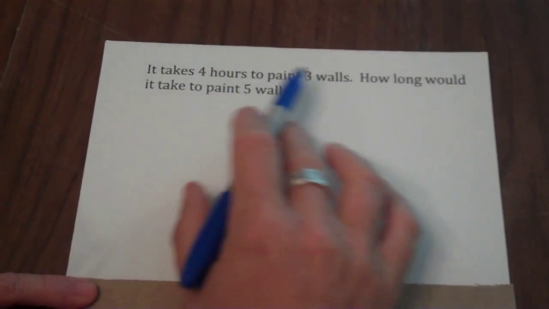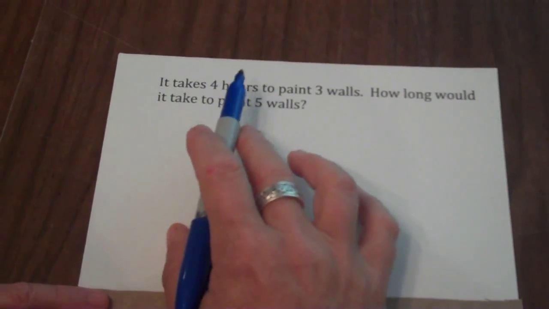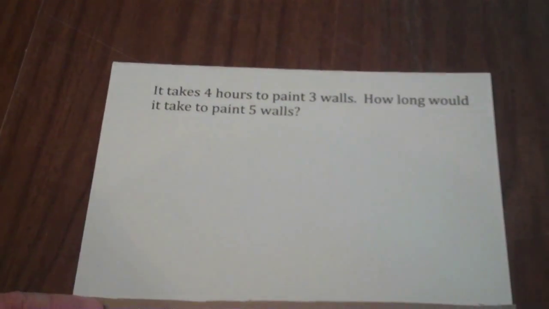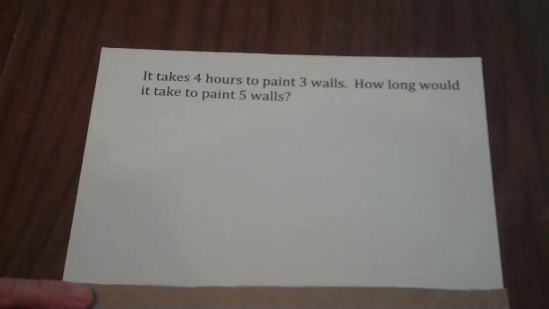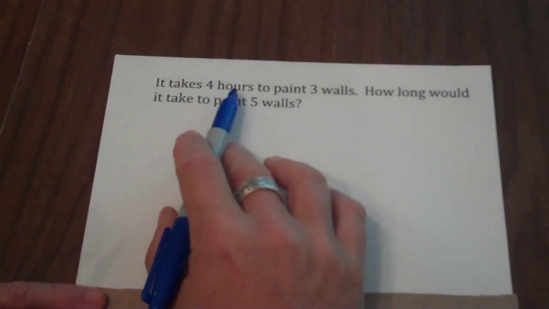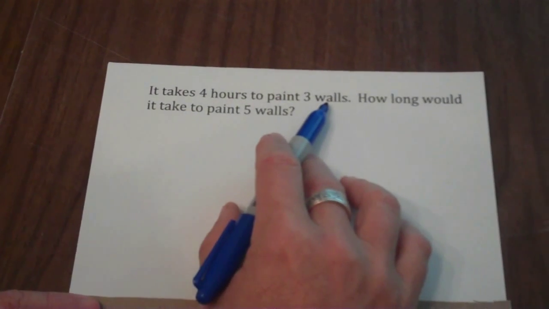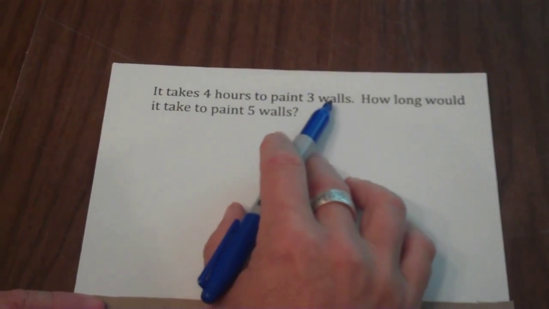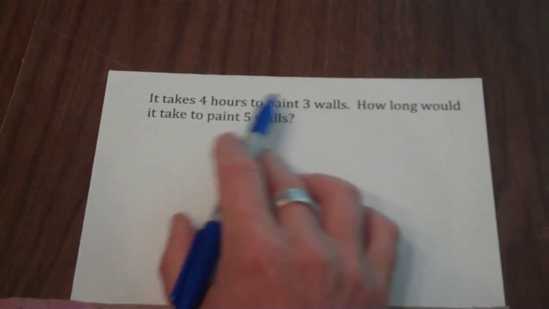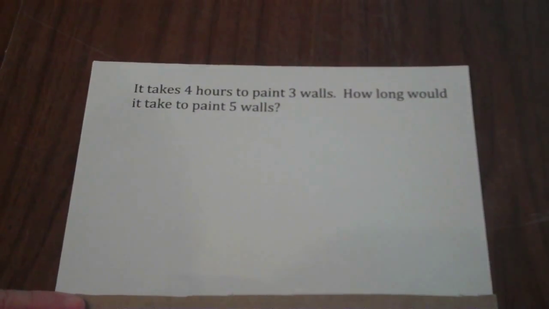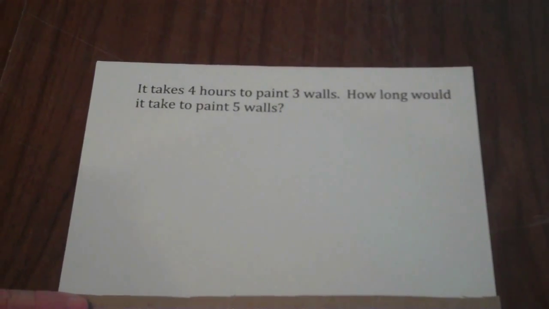Do the 2 quantities given, in this case hours and walls, act proportionately? In other words, if we have twice as many hours, can we paint twice as many walls? Or, if we have twice as many walls, will it take twice as many hours? And that's what I mean by proportionately. And in this case, the answer is indeed yes.